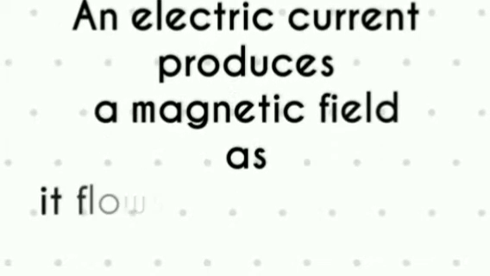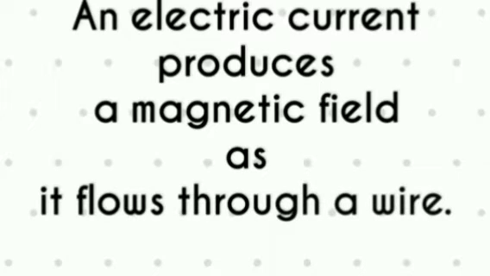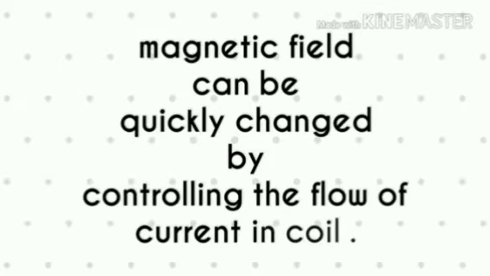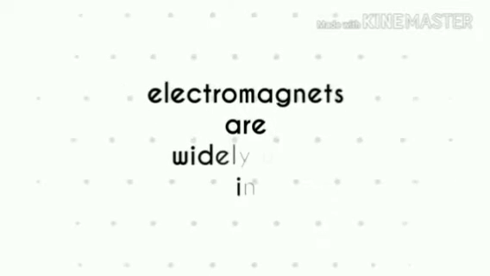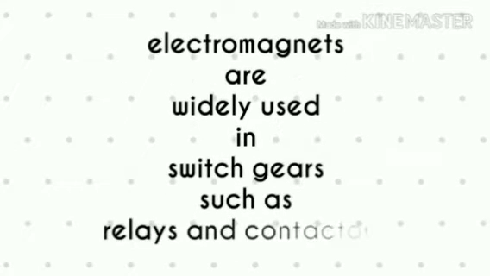An electric current produces a magnetic field as it flows through a wire. The magnetic field can be quickly determined. Where is it used? Electromagnets are widely used in switch gears such as relays and contactors.